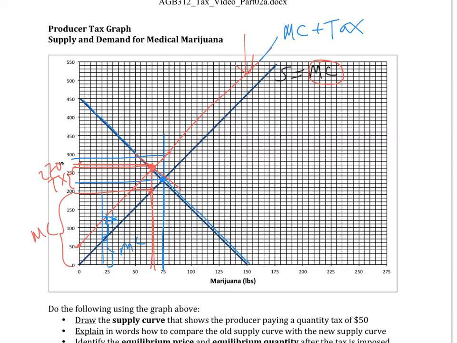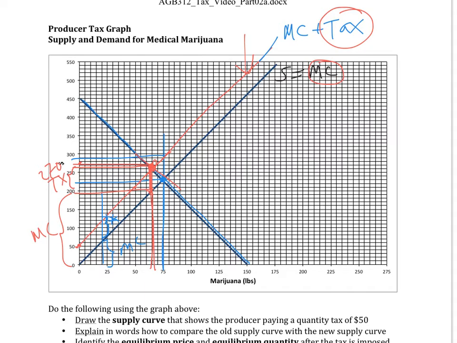So what we've got here is, because money has to be collected to pass on to the government, that tax has to be collected, we've got this kind of wedge between what consumers are paying, still based on their marginal willingness to pay.